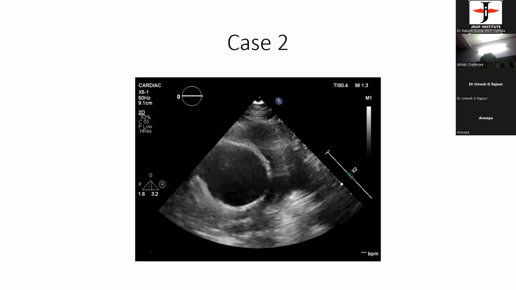You find functional TR in normal people? Secondary to MS or MR. No, Dr. Umesh, you find it in absolutely normal people. Even if I do an echocardiography of all the audience who are listening to this program, you will find some degree of tricuspid regurgitation. What are the other causes of tricuspid regurgitation?